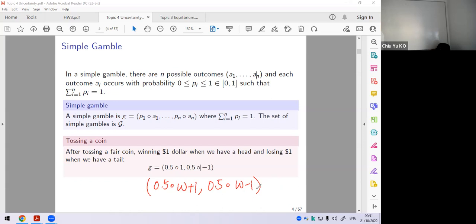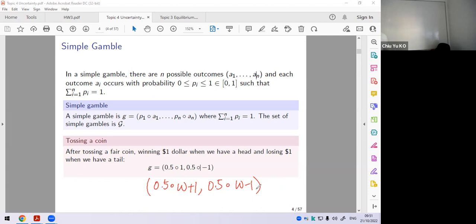There's no loss of generality in doing it here, because outcome 1 can mean the outcome you actually end up with. That's why I can write it this way. But you have to be careful when you write this out. It doesn't mean that the current wealth is not important. Is it clear what I'm saying?